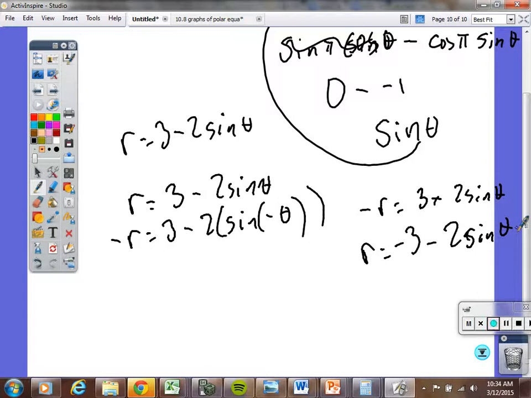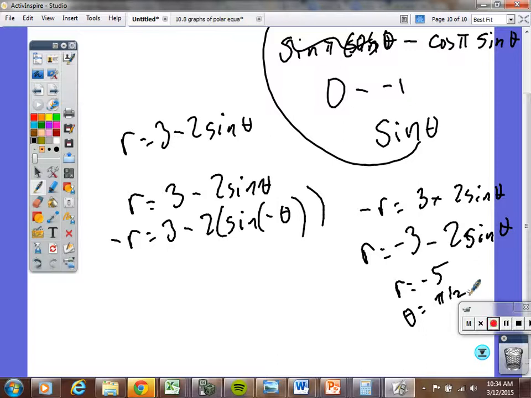Actually, where is sine equal 1? Sorry, I'm thinking about this as I'm teaching you. It's at pi halves. Sine of pi halves is 1, negative 3 minus 2, so our r would be negative 5, correct? And what was my theta? It was pi half, because that's what I plugged in to get that.